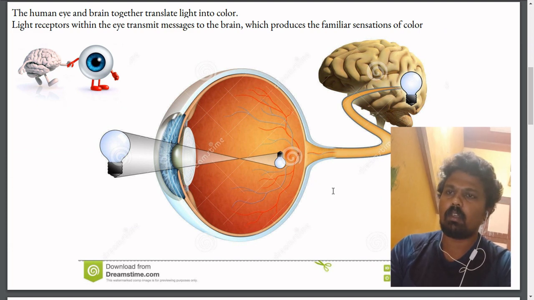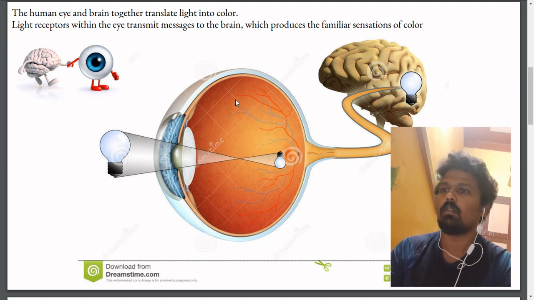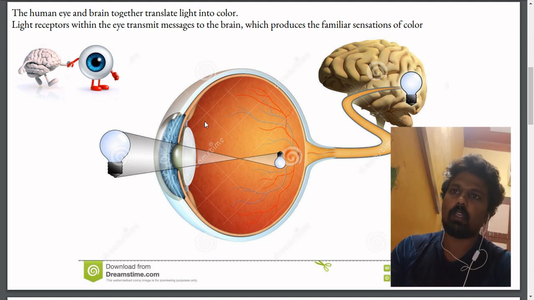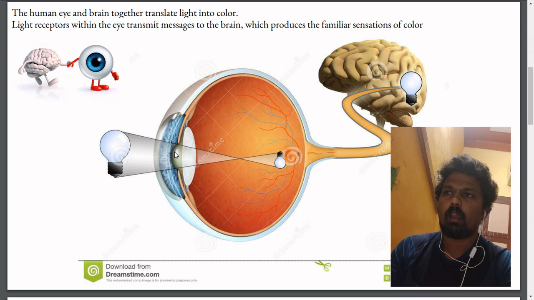Before getting to the detail of this, we need to know the mechanism of how we are able to see the objects. The human eye and brain together translate the light into a color. As the light enters our eye, the signal is transported to the visual brain.